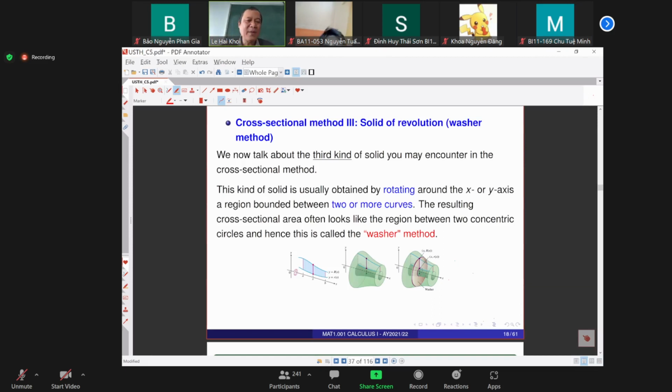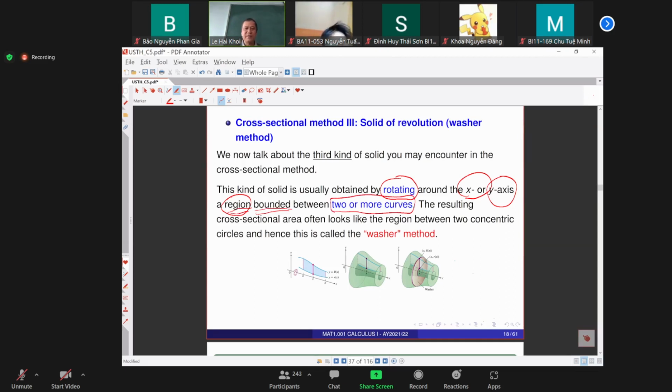You have a solid obtained by rotating a region around the x-axis or y-axis, but the main thing is this region is bounded by two or more curves.